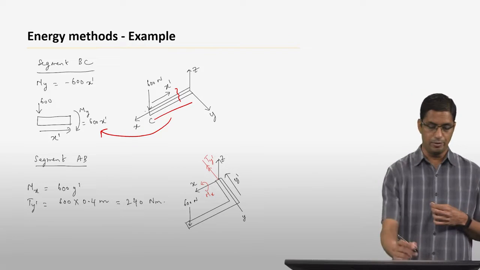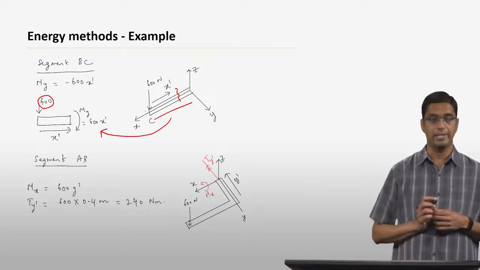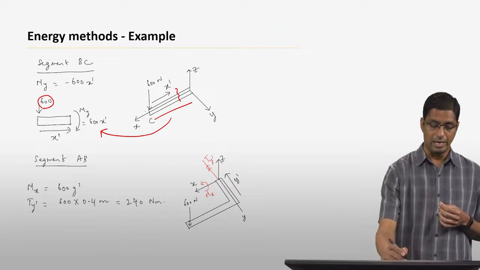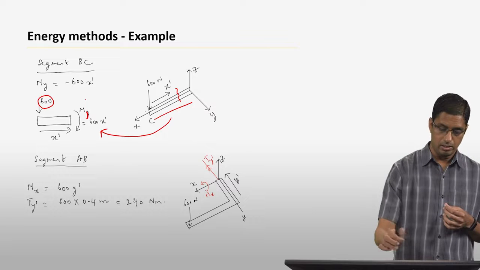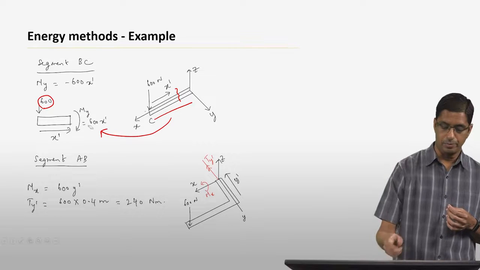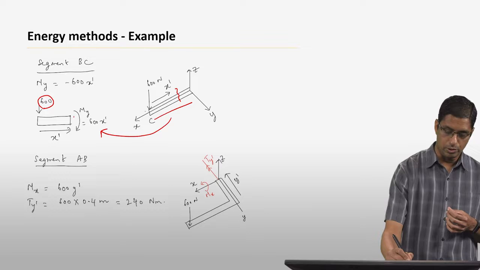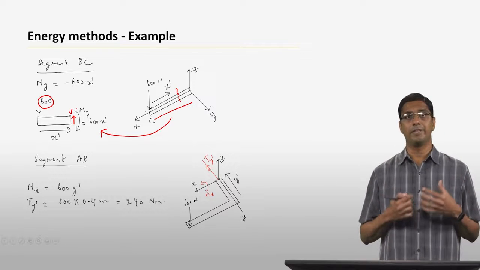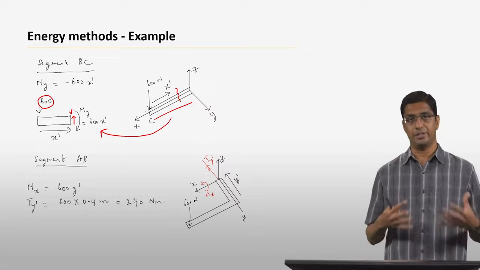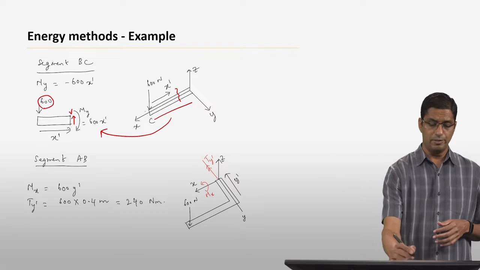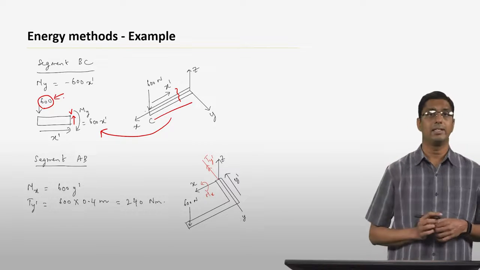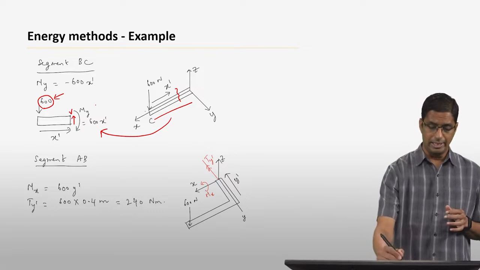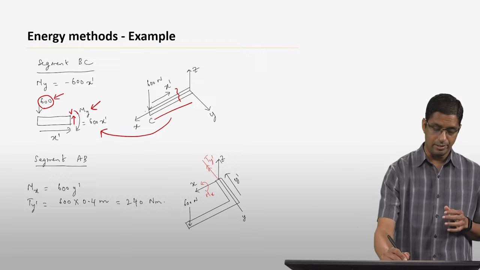That is how the free body diagram looks. You have a force of 600 newtons acting vertically. To counteract this force, you have to have a moment, My, acting this way. To be precise, there also has to be a shear V, but in this class, we ignore the energy associated with the shear force. If there is a force acting like that on the left-hand side of the body, then the internal moment has to be in this direction.